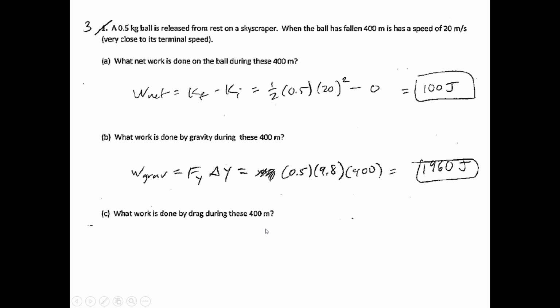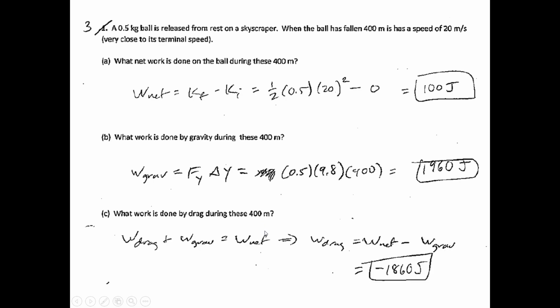But I can calculate it in kind of a backward way by noting that there are only two forces acting here, the air drag force and the gravitational force. And so the net work done, that means work done by all forces, is equal to the work done by gravity plus the work done by air drag, and I can solve that for the work done by air drag in terms of two things I've already answered above.